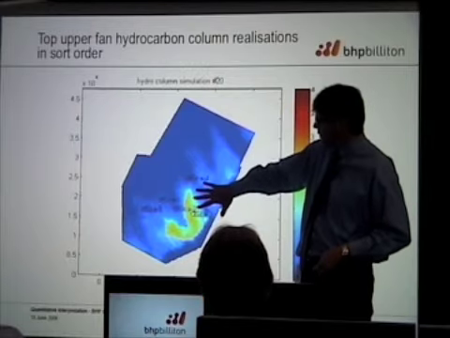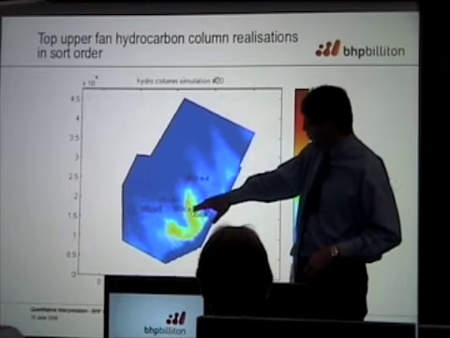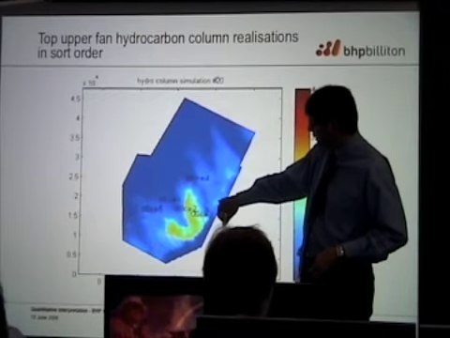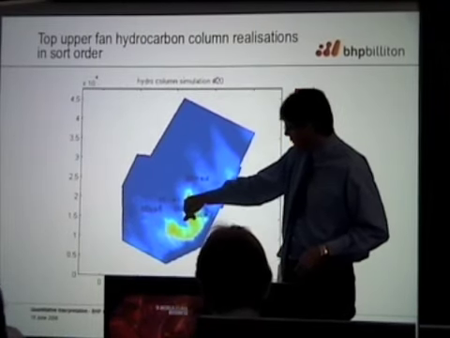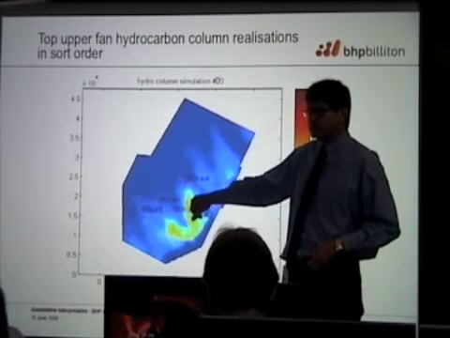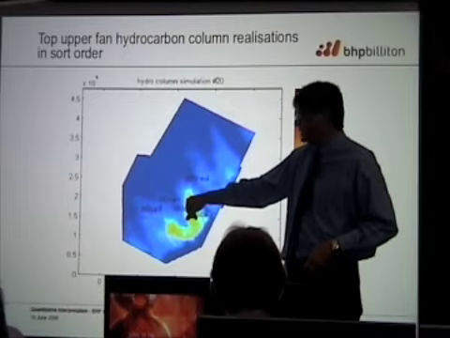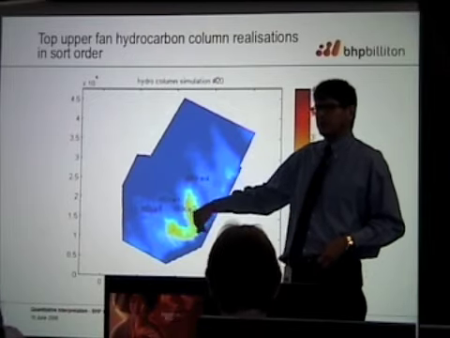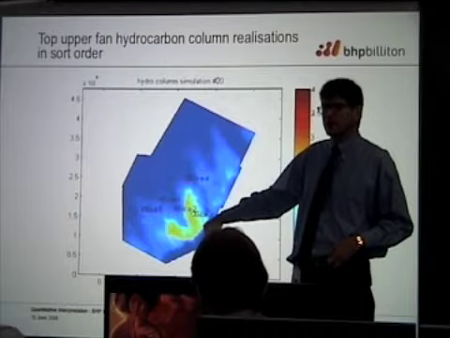If you want the P90 map or P10 map, we'll just choose a point and calculate, out of all of these maps, what is the high and the low at each one of these particular points.